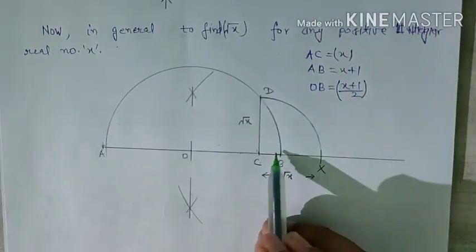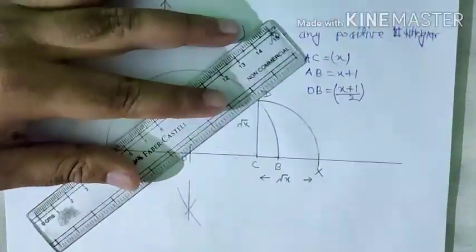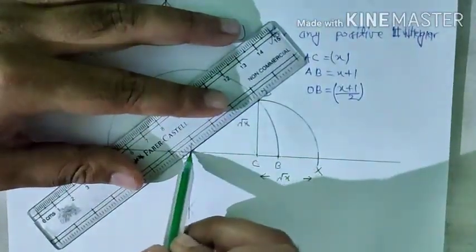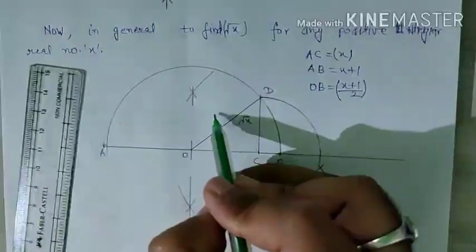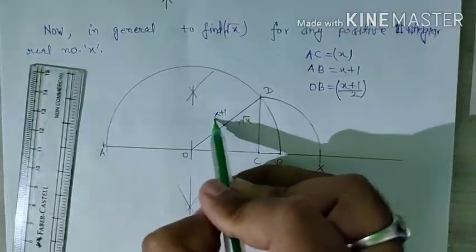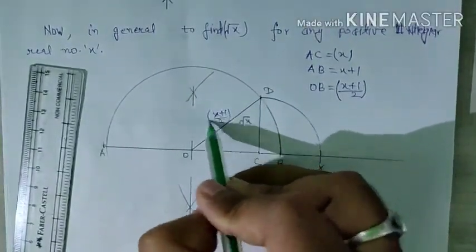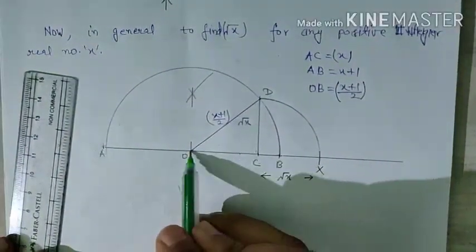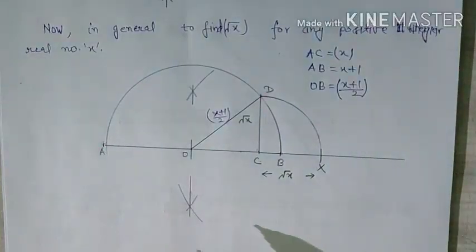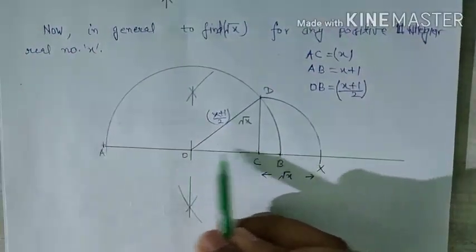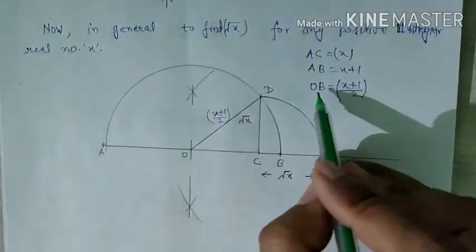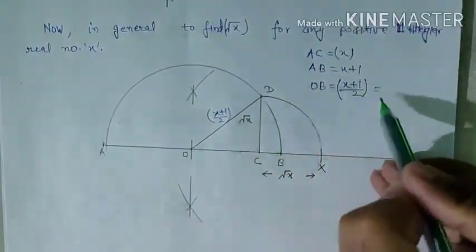We have got OB, and OB and OD will be the same, so this is x plus 1 upon 2. Now we have to find the length of OC. How can we find this OC?